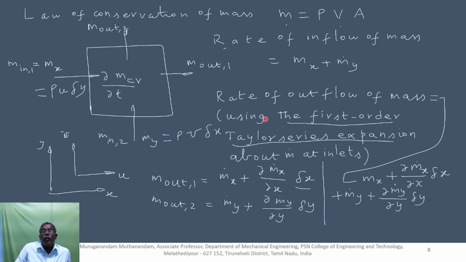Okay. Now, what is the rate of outflow of mass? The rate of outflow of mass is written using the rate of inflow of mass and the first order Taylor series expansion.